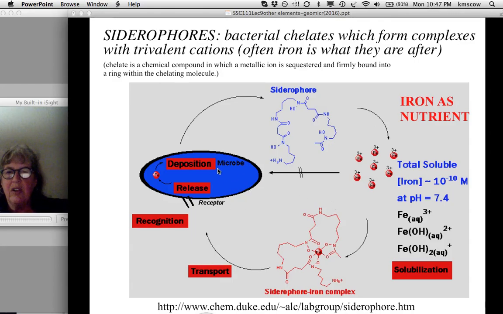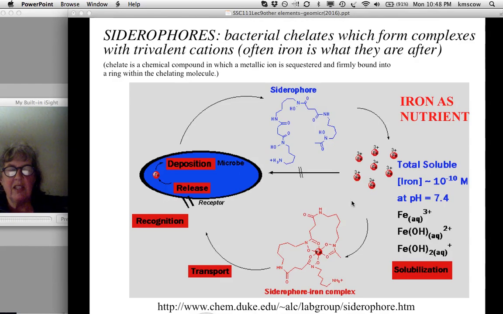And this is shown here. Here's this microbe. It produces, in this case, a big, complex siderophore molecule that, through its conformation, can form a bond with the iron in these three different connections. After it picks up the iron, it goes back to the cell, where the iron is transported into the cell, but the siderophore is just sent back out to get more iron.